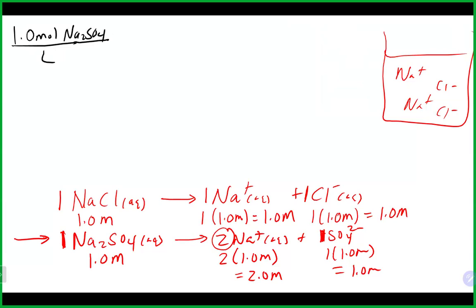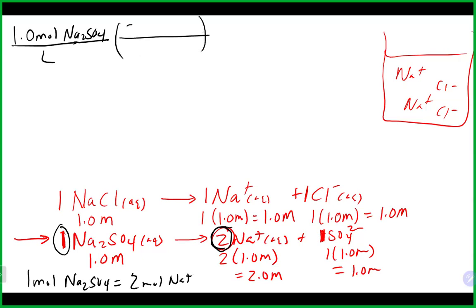Now I do my mole to mole relationship, just like in stoichiometry. 1 mole of the whole thing gives me 2 moles of the sodium ions. So that is what I'm going to use as a conversion factor here: 2 moles of sodium ion and 1 mole of the whole thing.